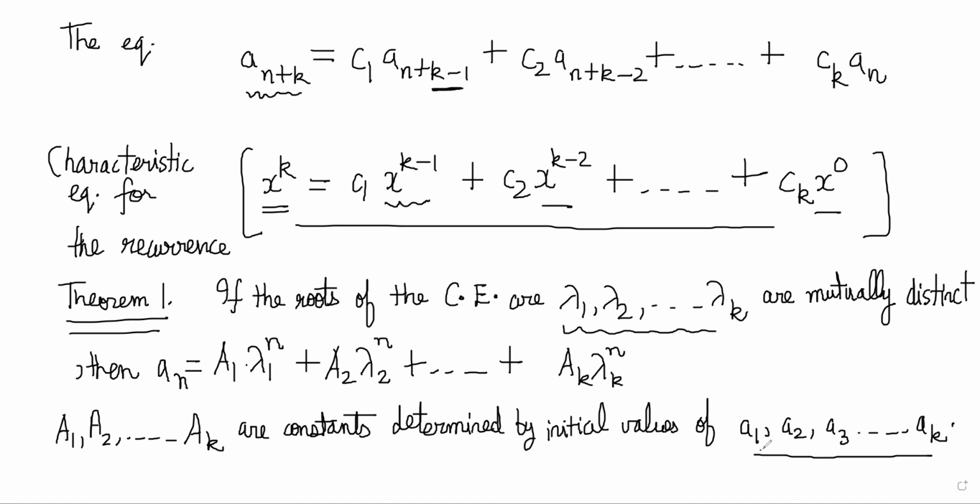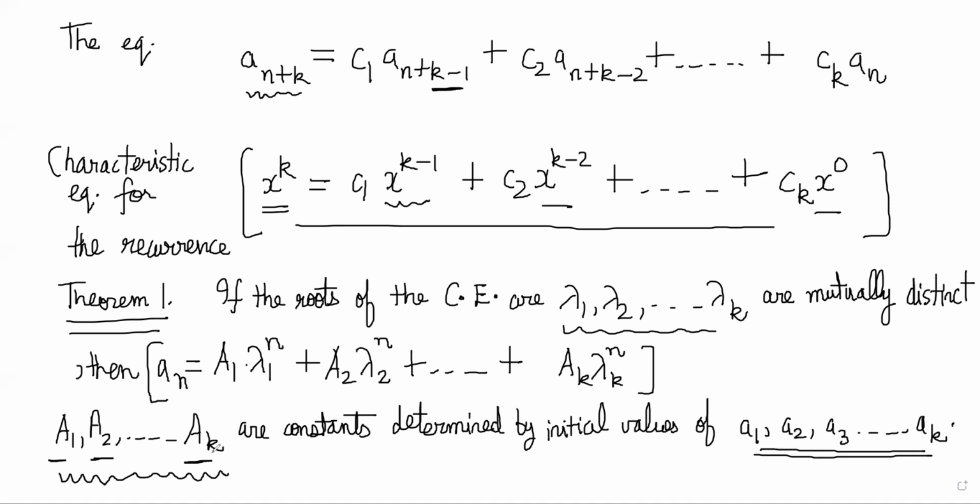If you know the first k terms of the sequence, they will give you enough equations to solve for these k constants, right? Because we know the general form of each term, we can substitute the values and we'll be getting k equations which will help us find these k constants, capital A constants.